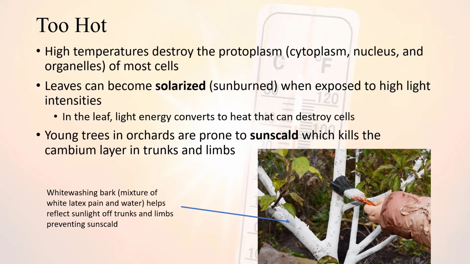They can be prone to sun scald, where that excess heat these plants are being exposed to is leading to death of that cambium layer, which is that important layer producing new secondary xylem and secondary phloem, the vascular tissues. So a way to alleviate that is whitewashing bark, where they put a mixture of white latex paint and water and paint it on our trees, and that can help prevent sun scald.